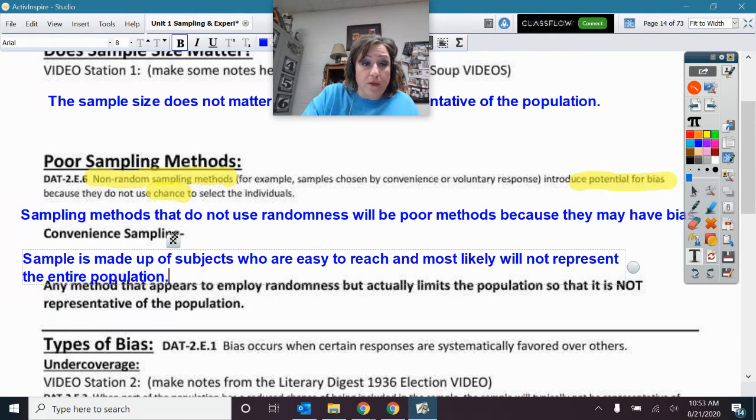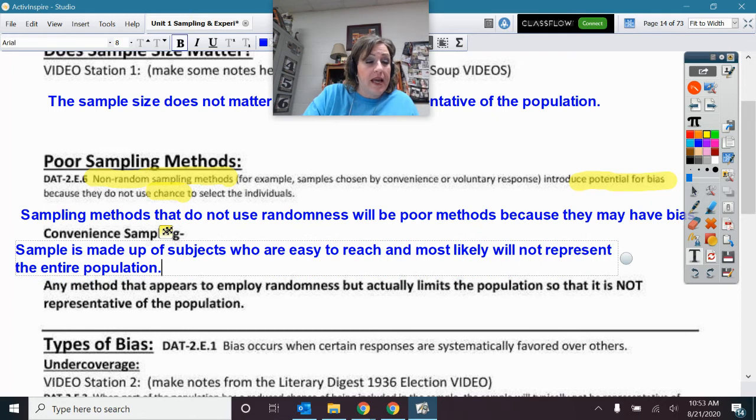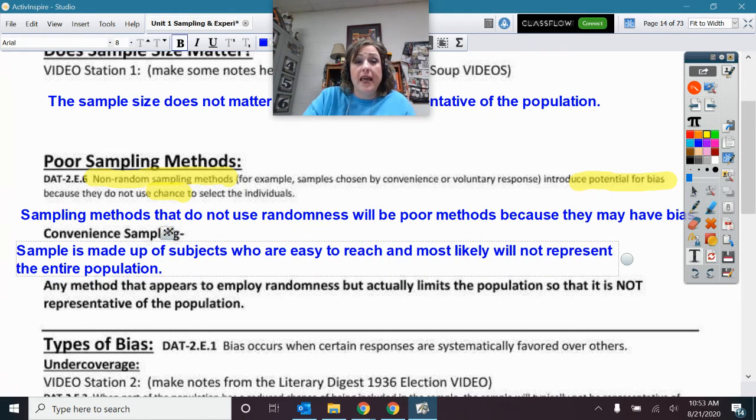That's a problem. For example, if I go to the Brookshire's parking lot and ask people what their favorite place to get coffee is, that is convenient and easy, and I may think that's random.